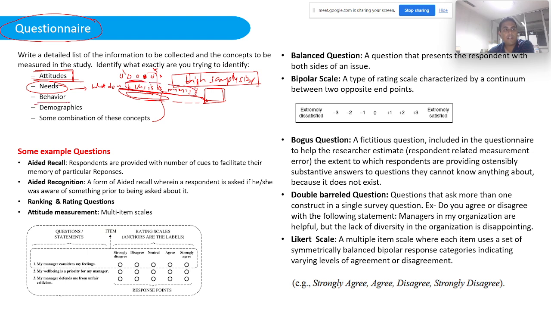Similarly, you can know about behavior of people. You can know about demographic information like age, education profile, income level, etc., and other concepts also you can include. So basically, a questionnaire technique is used generally in a survey method. It is not something done in real time or on a one-to-one basis.